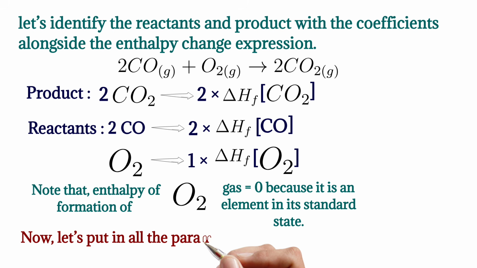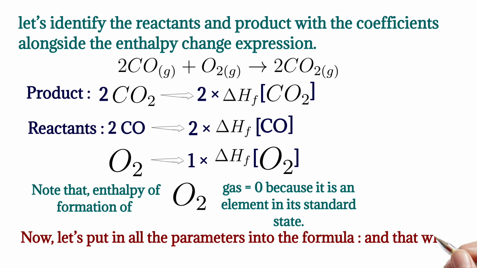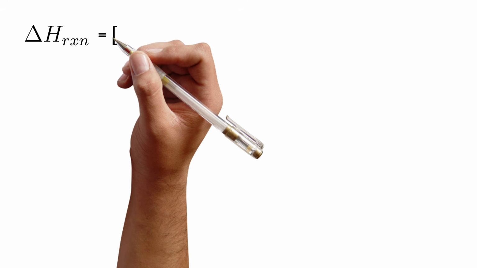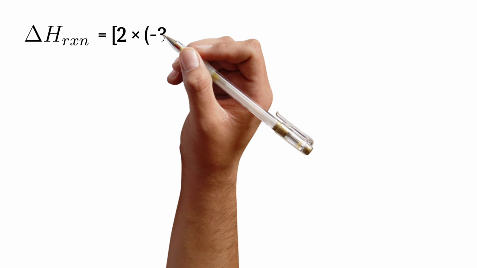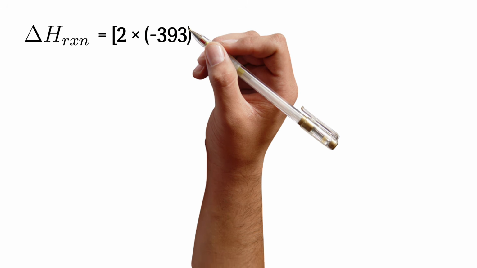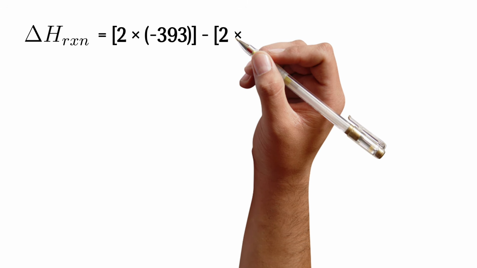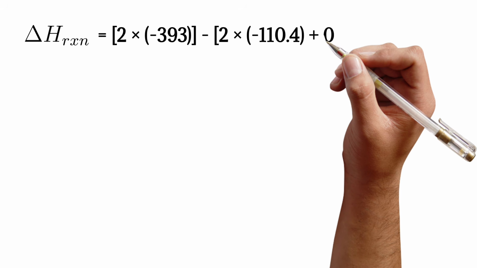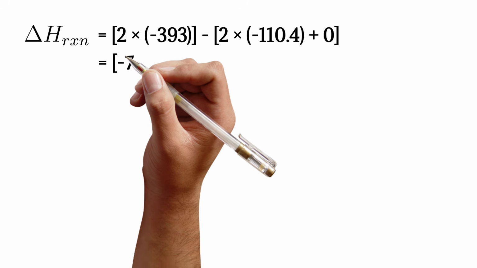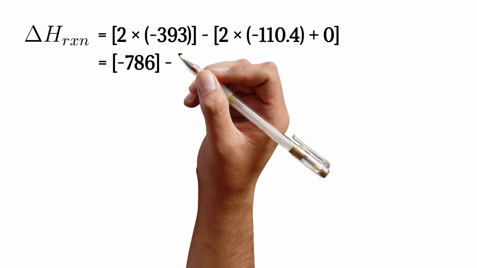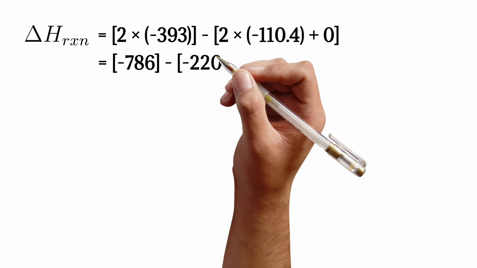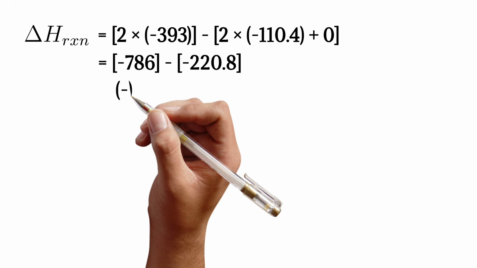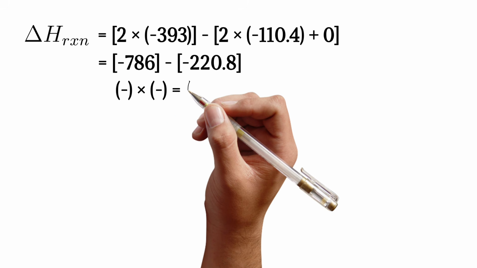Now let's put in all the parameters into the formula, and that will give us delta H reaction equals open bracket 2 times minus 393 close bracket minus open bracket 2 times minus 110.4 plus 0 close bracket. That is minus 786 minus open bracket minus 220.8 close bracket. Minus times minus equals to plus.